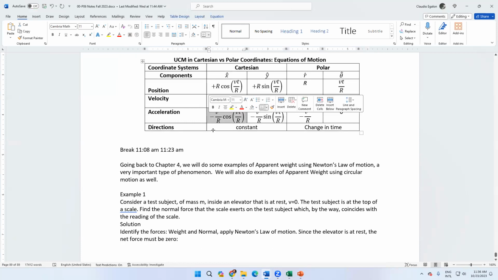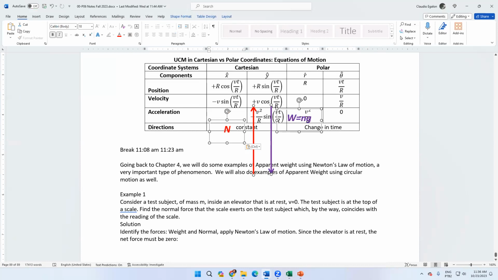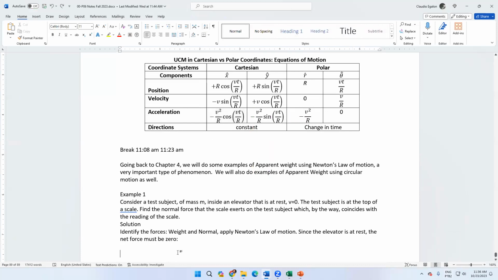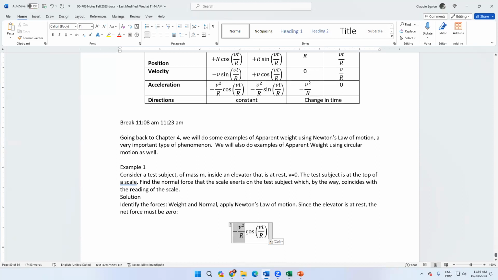So, the net force is equal to the weight plus the normal.